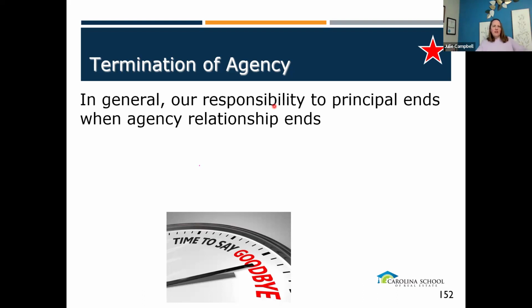If we enter into a 2-week or a 2-month relationship and we know that we like each other and we want to continue, can we extend it? Sure. But unless we agree otherwise, the agency agreements actually say 11:59 p.m. on fill in the date. So it's very specific about when, the end of the day.